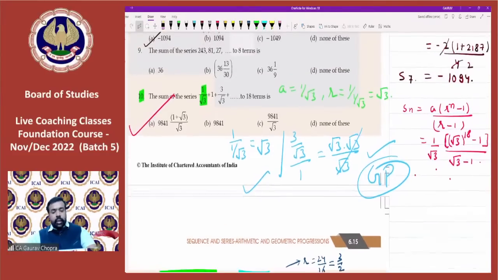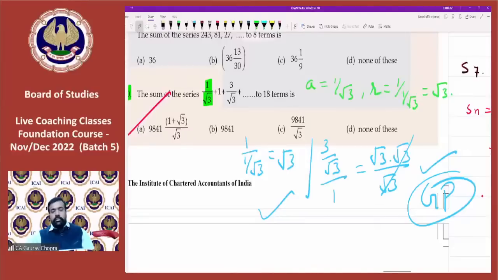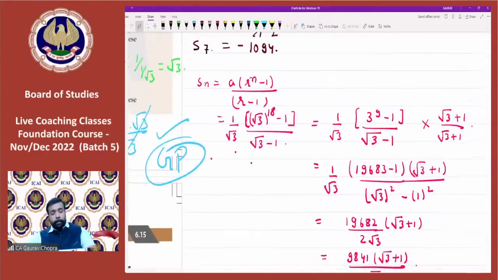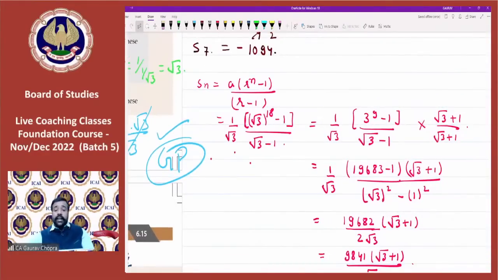See, the 10th question was not new for us. We have tried all these questions multiple times. Just we have to be careful by calculating the common ratio because roots are given. The ratio is root of 3 and after that we have applied the formula. Since root 3 is greater than 1, we have applied the formula.